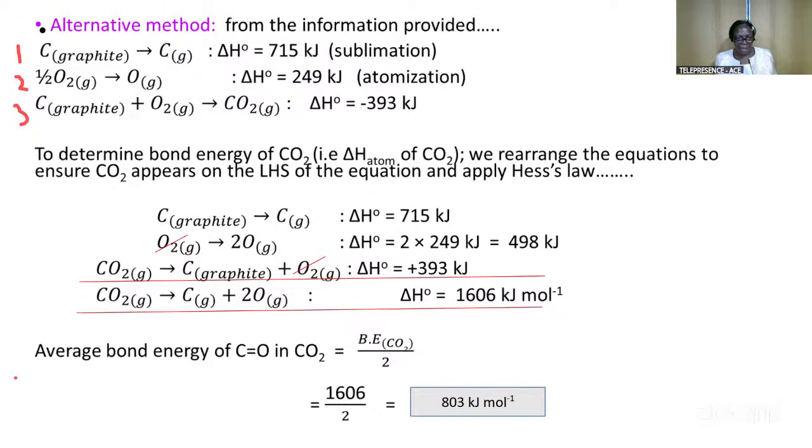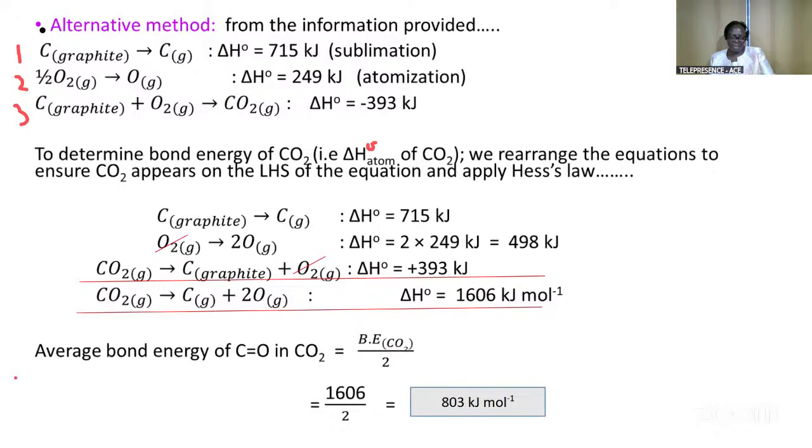So if you look at these as steps, step 1, step 2, step 3, then to determine the bond energy of CO2, which is also the same thing as delta H of atomization of CO2. Actually, this should have a superscript. Standard enthalpy of atomization of CO2.